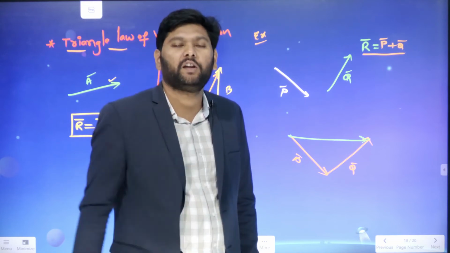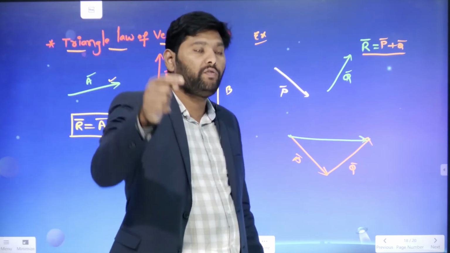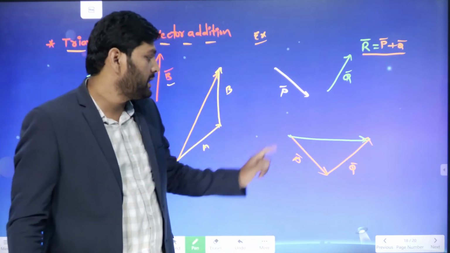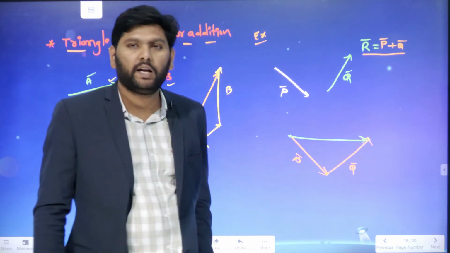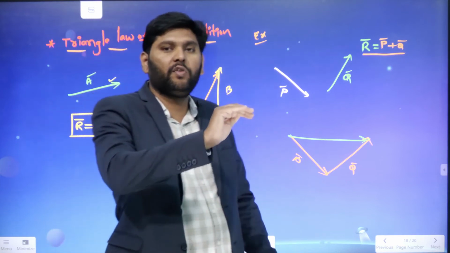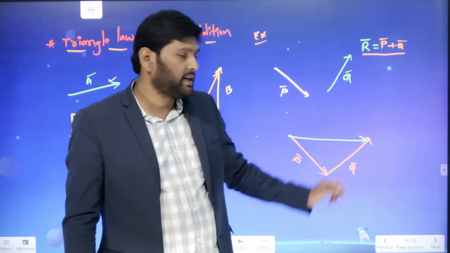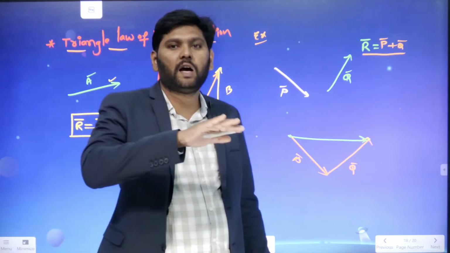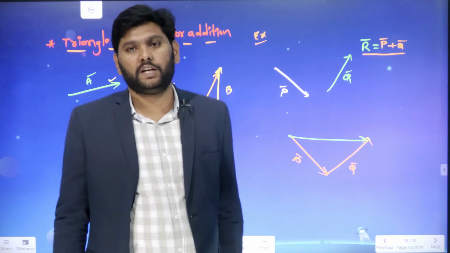That is the statement of the triangle law. The closed side must be taken from where to where? From the first vector tail to the last vector head. The line joining, the closed side, will give the resultant vector.